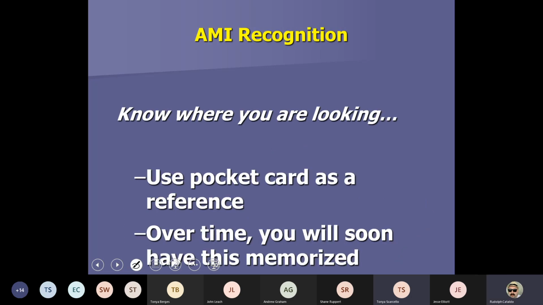Know where we are looking. And when I said earlier, you look where you see any issues, that's literally what I mean. And again, to start out reading 12 leads, I want you looking straight down at all your leads. Go 1, 2, 3, AVR, AVL, AVF, V1, V2, V3, V4, V5, V6.